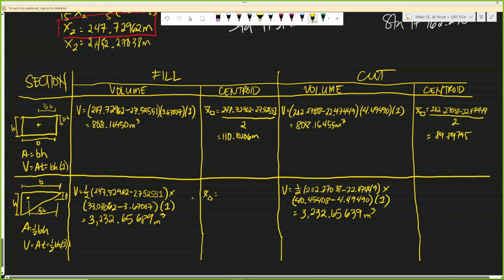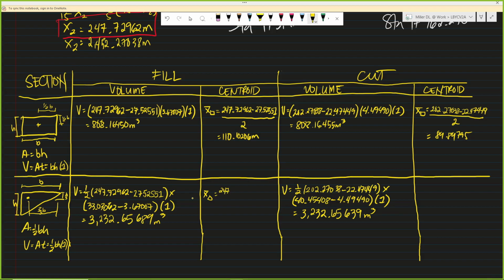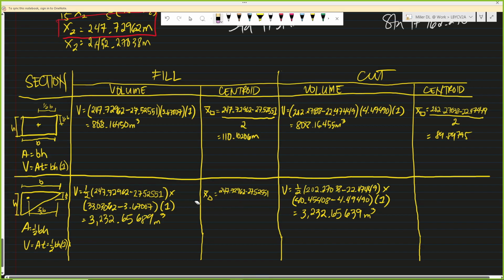So 247.72962 minus 27.52551, times 2/3 pala to.